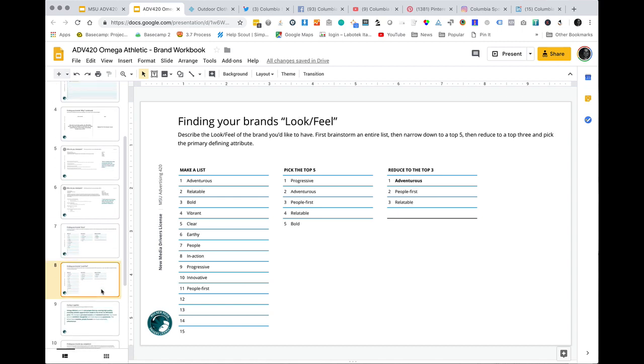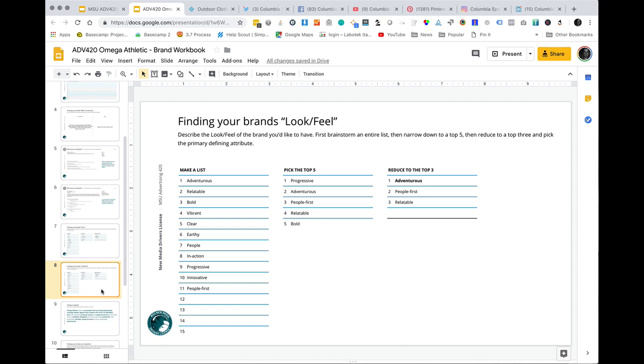And then we can think about, okay, so if we know what the language is like, what's the tone of the messaging, then what is the visual side? What's the look and feel? And again, this would be executed in the social profiles. What sort of graphics are used? What's the look and feel of the website and the email template and your actual physical advertisements and your packaging?